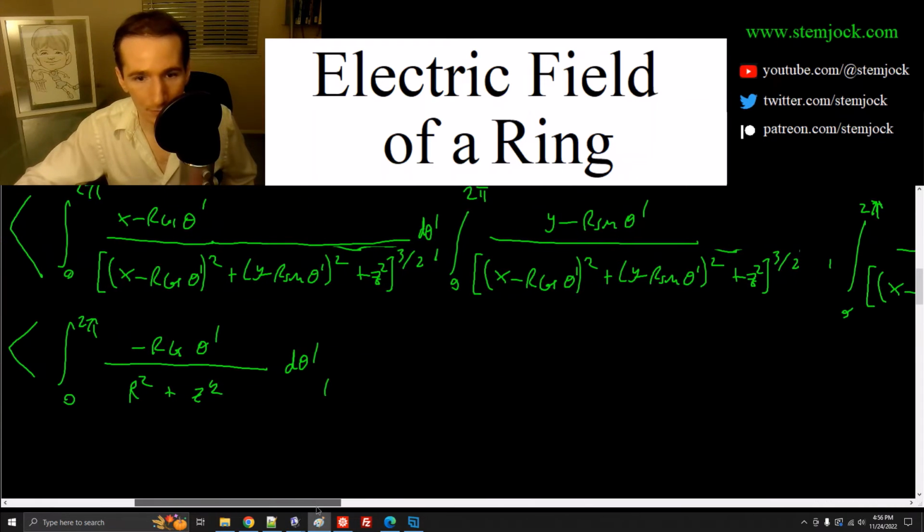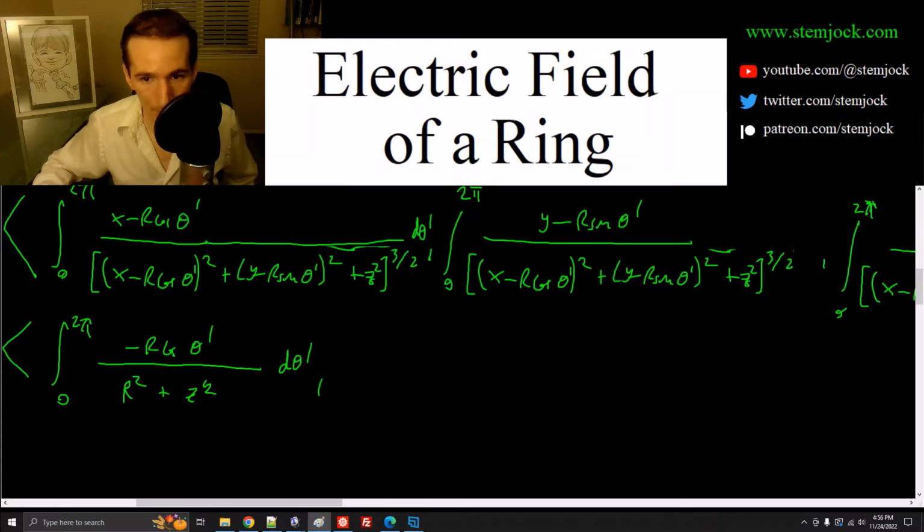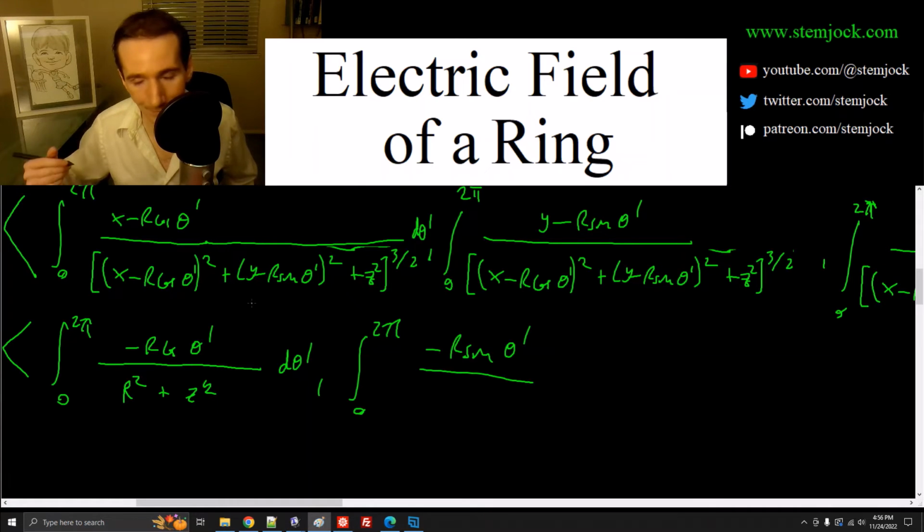And in the second component, I'm going to have negative r sine theta prime in the numerator. So this is negative r sine theta prime over, and it's the same story in the denominator, so it's just going to be r squared plus z squared, and now d theta prime.